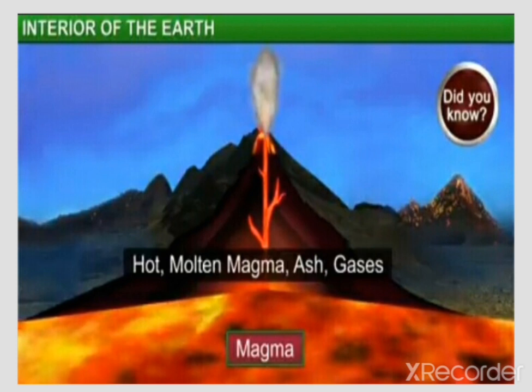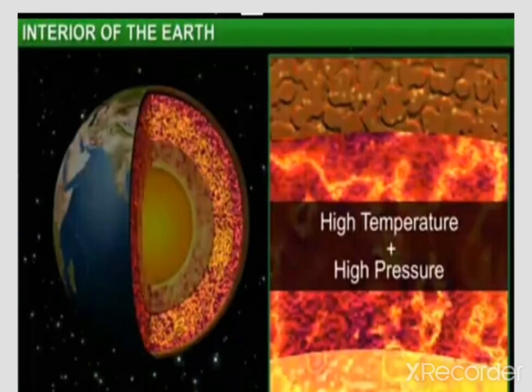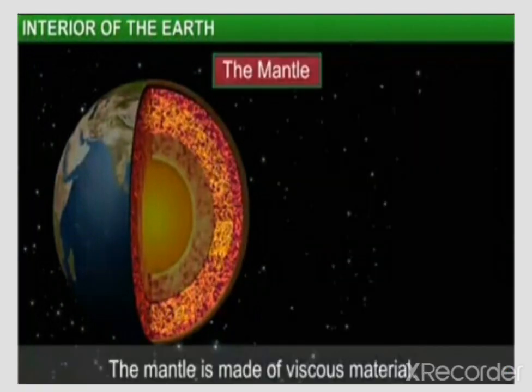Just now I told you that in this layer high temperature and high pressure are located. Got it? The depth of this layer begins at around 42 kilometers from the earth's surface. If we want to measure the depth of this mantle layer, from the earth's surface it is around 42 kilometers.